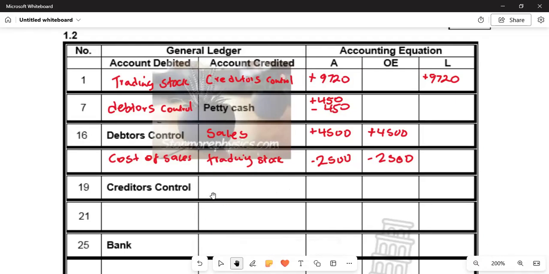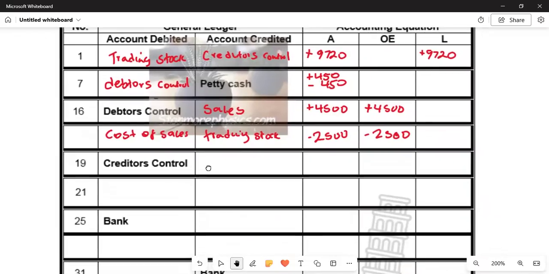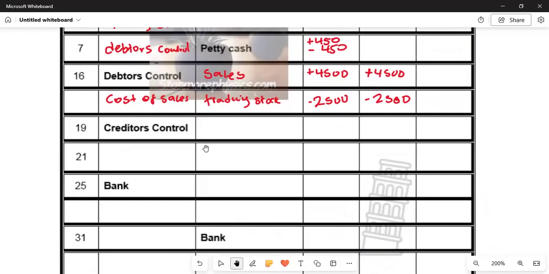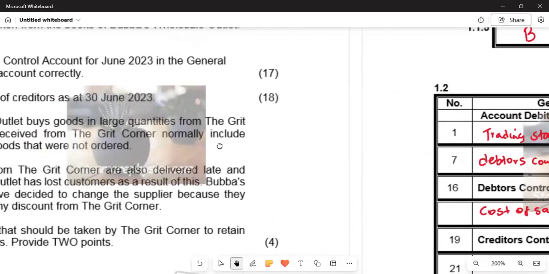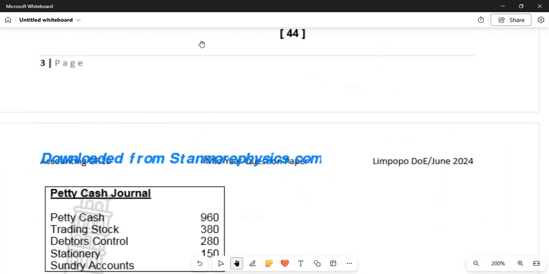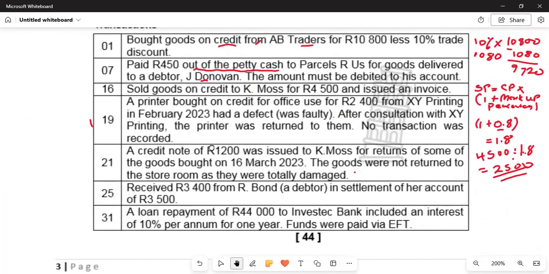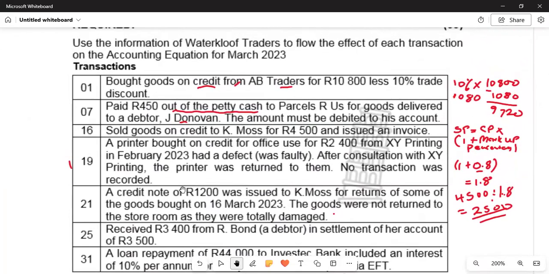Now we are moving on to the transaction that took place on the 19th. Here we are on the 19th.